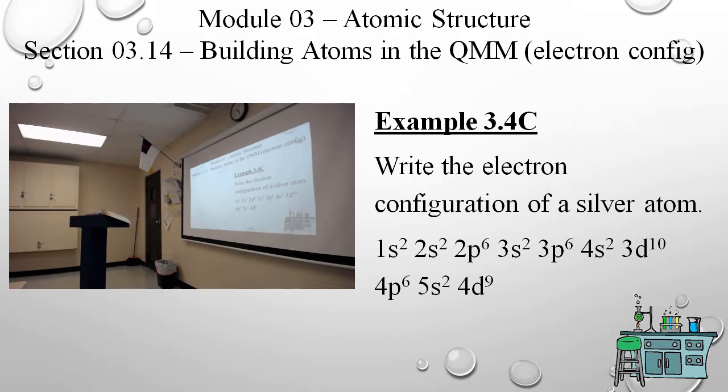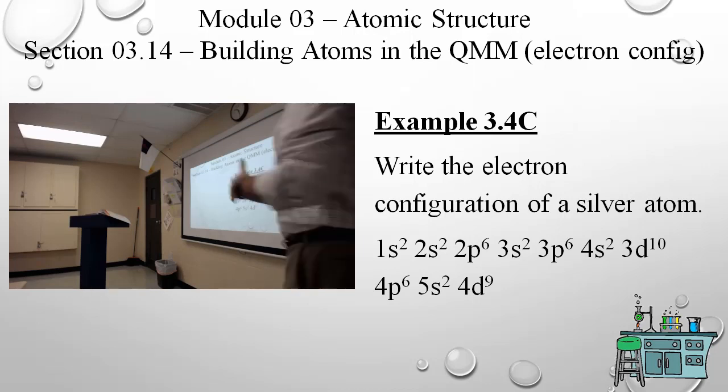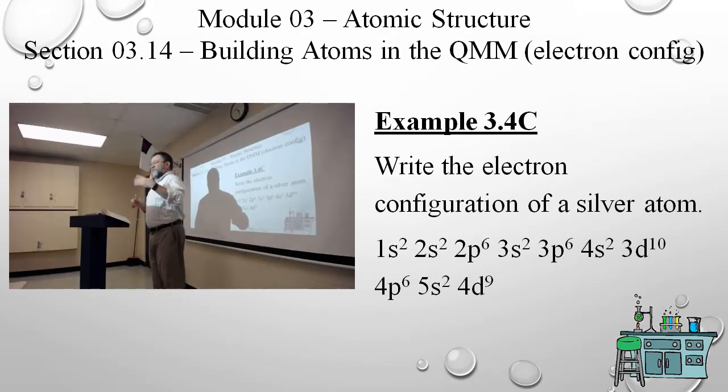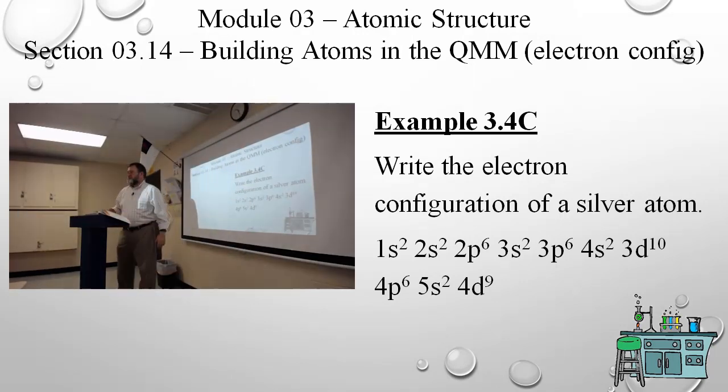Because it's in column 7, I'm going to know, for example, that there's 7 electrons in its valence shell. I'm also going to know, because it's over here, that the last electron that I place in its configuration is a 3p5 electron. And so if I had the slant diagram, I would count up to 3p5 and stop. So you kind of use both methods at the same time if you need to.